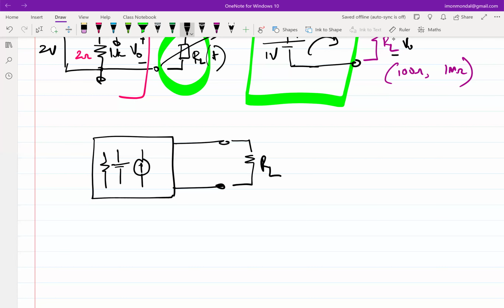And let's say the box says that it is supposed to be a voltage source of value 10 volt. It is supposed to give me a constant voltage of 10 volt. That's what a voltage source is, right? So I connect a value of RL and I see it's not giving me 10 volt. So then can I assume that the box is a good voltage source or it's a voltage source?